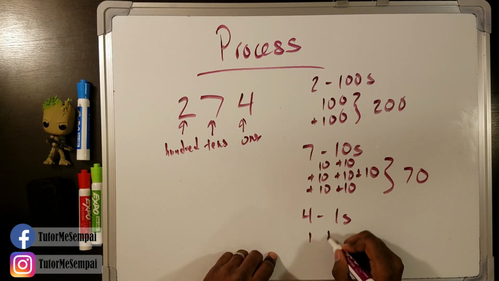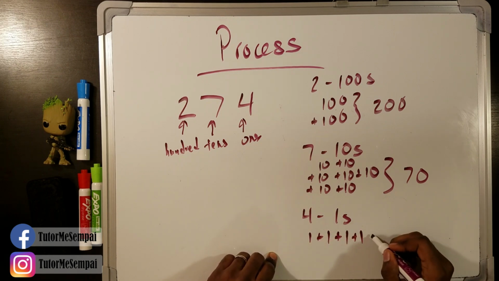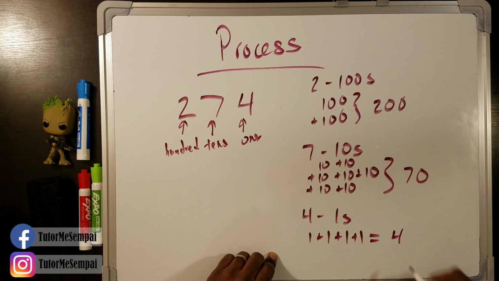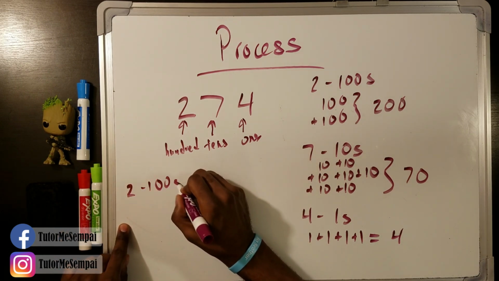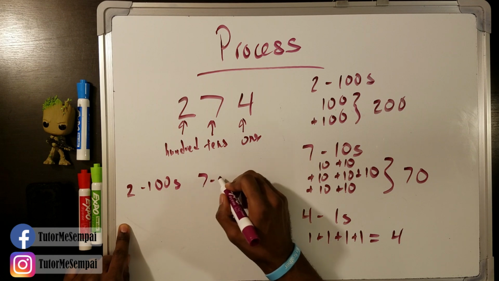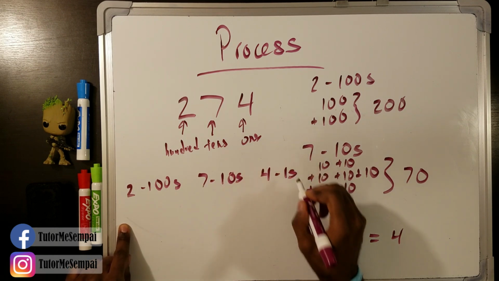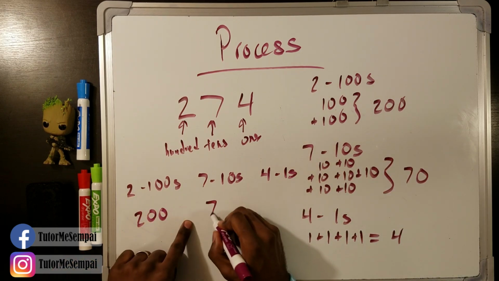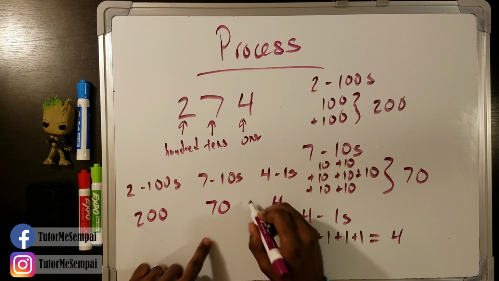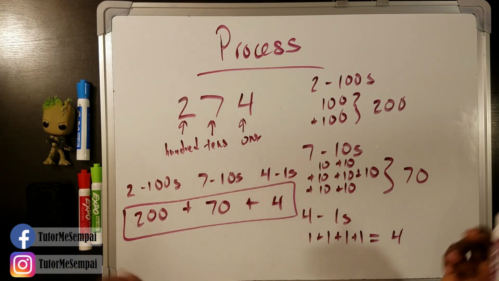Well, you got 1, 1, 1, 1. You're going to add them all together, and that's going to equal 4. So 2 hundreds, 7 tens, and 4 ones means we have 270 and 4. This is your expanded form.